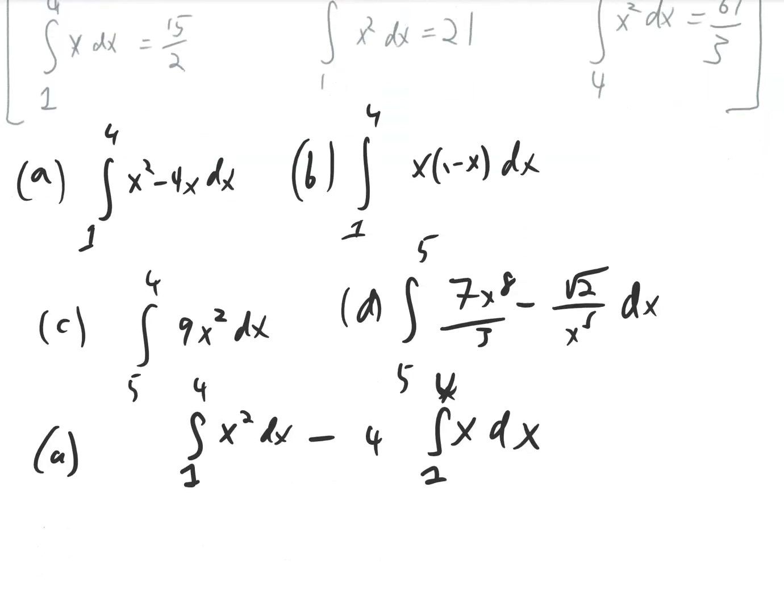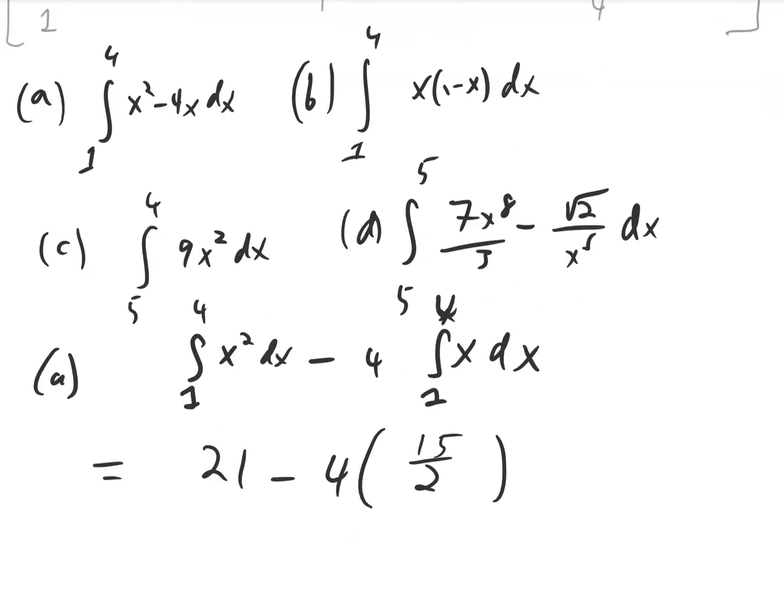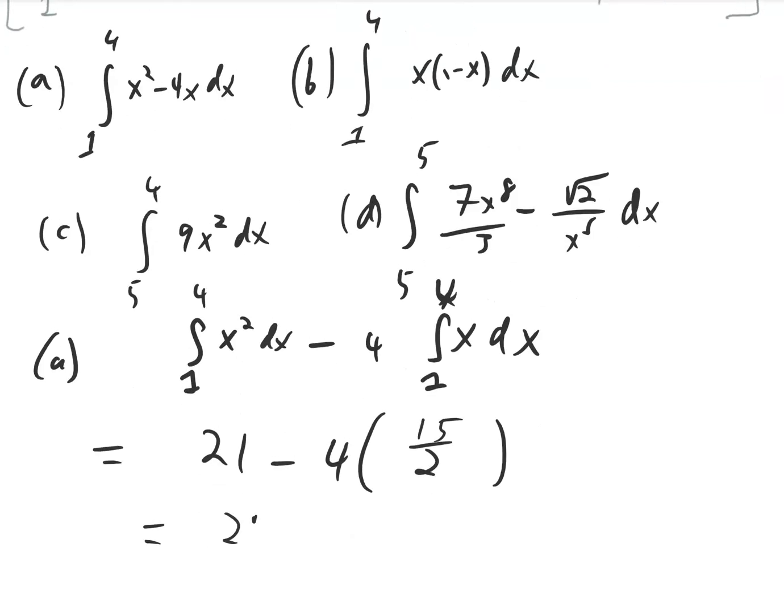And those are both things we've been told. So the integral of x squared from 1 to 4 is 21. And the integral of x from 1 to 4 is 15 over 2. All right, so that's 21 minus 30, which is negative 9.